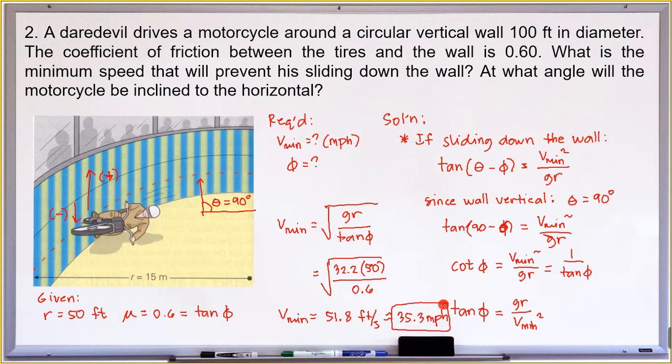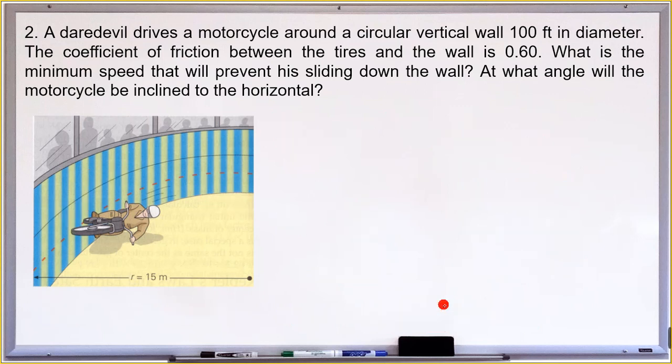Okay, so that is the first requirement. Now, to solve for phi, we already know that the tangent of the angle of friction is equal to the coefficient of friction, which is 0.6. Therefore, phi is the inverse tangent of 0.6.